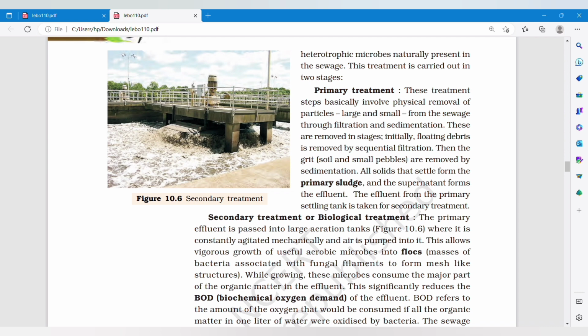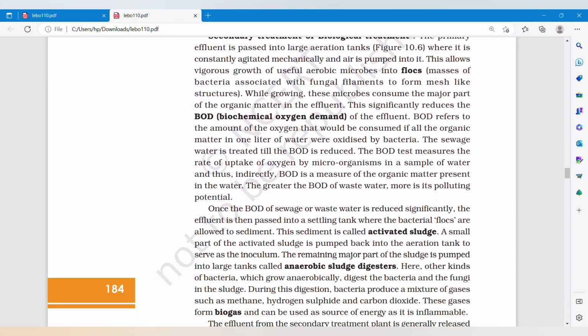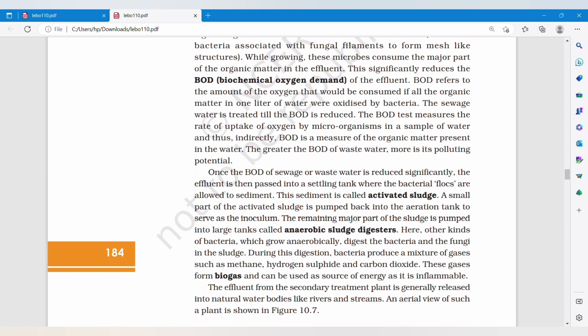While growing, these microbes consume the major part of the organic matter in the effluent. This significantly reduces the BOD, that is biochemical oxygen demand, of the effluent. BOD refers to the amount of oxygen that would be consumed if all the organic matter in 1 liter of water were oxidized by bacteria. The sewage water is treated till the BOD is reduced.